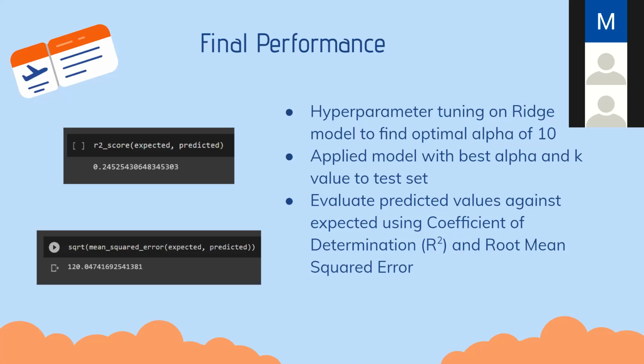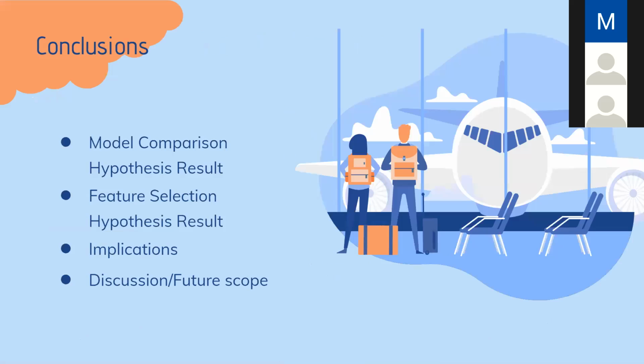Especially with the R-squared value, you can see that our model would not very accurately guess the target value, our flight ticket prices. In conclusion, we compared these 5 regression algorithms and found that ridge regression yielded the best R-squared value, but even this selection wasn't a good fit for our data.